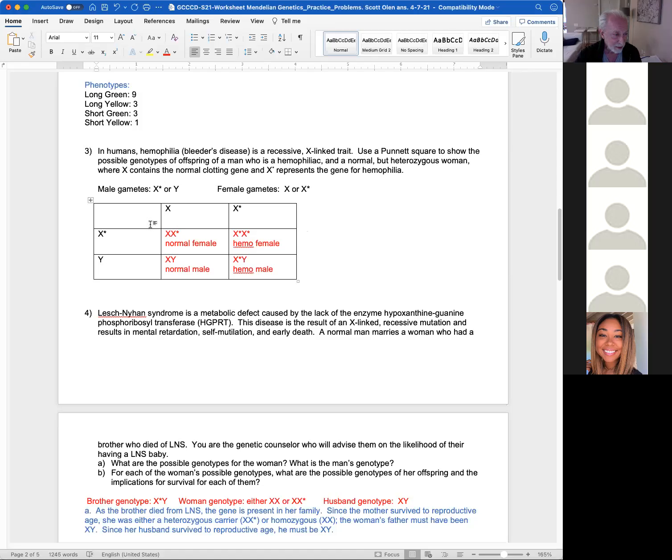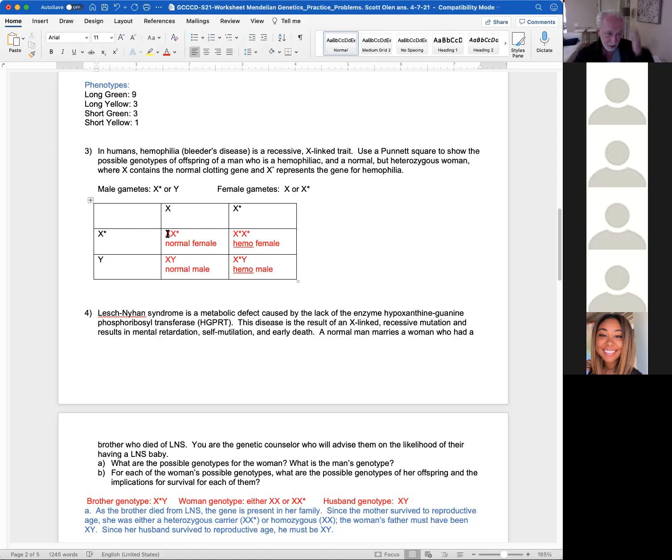And you have that here, where you have the male on the left and the female on top. So we have X star X, X star X star, XY, and X star Y. X star X is a normal female, not really normal because we should call her a carrier.